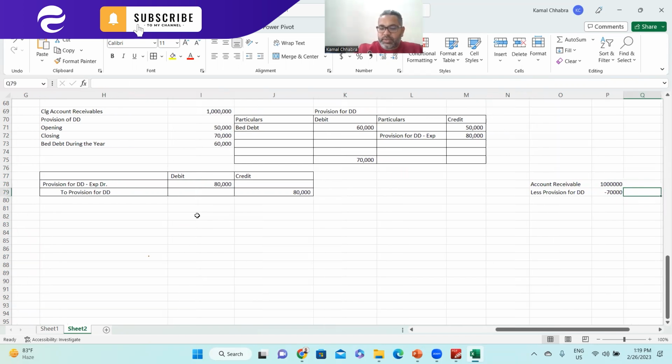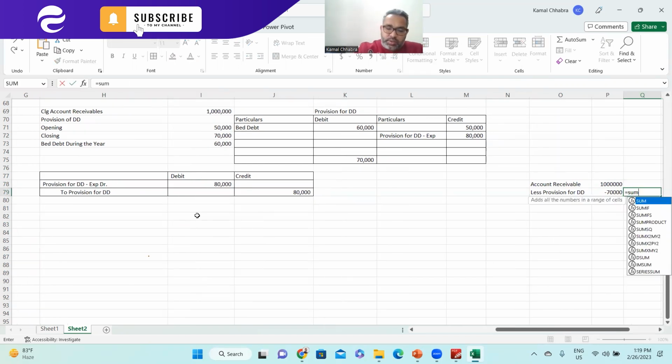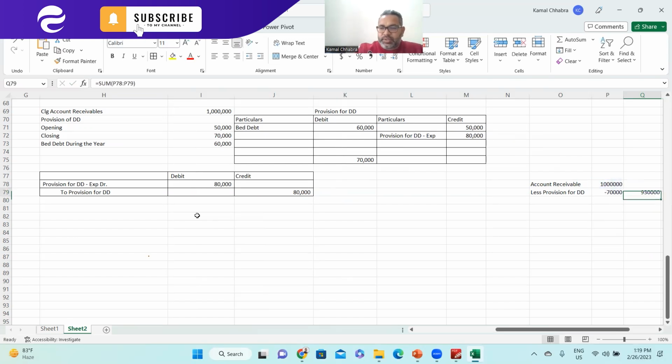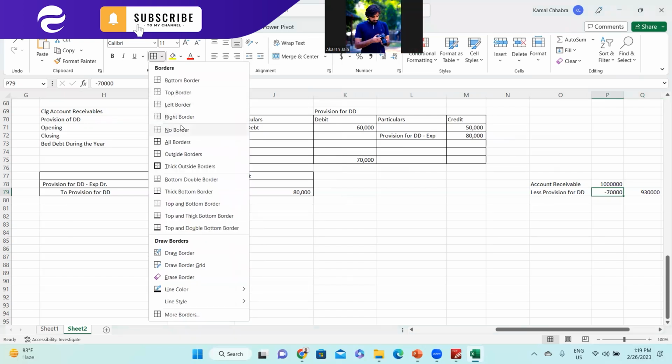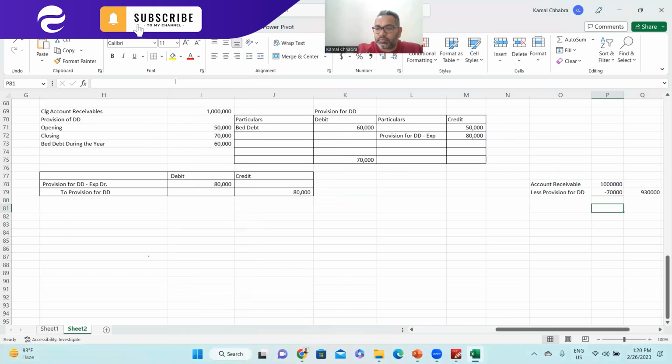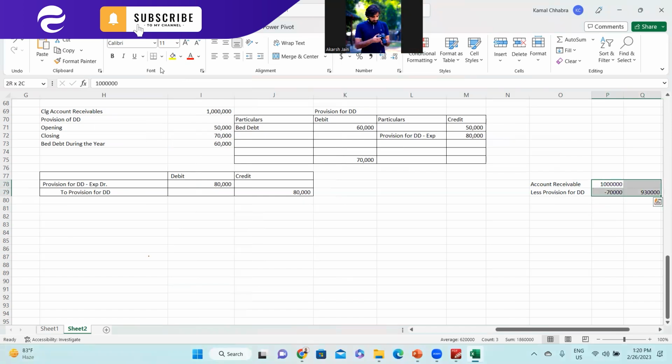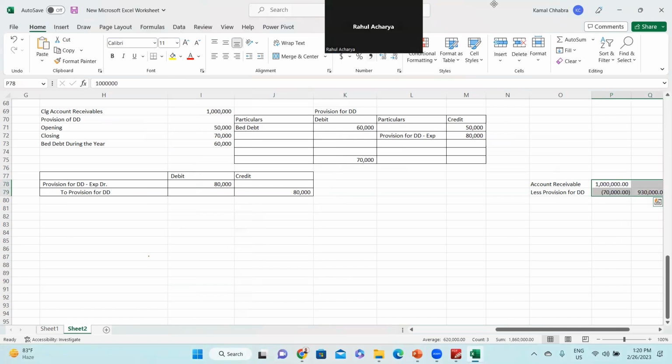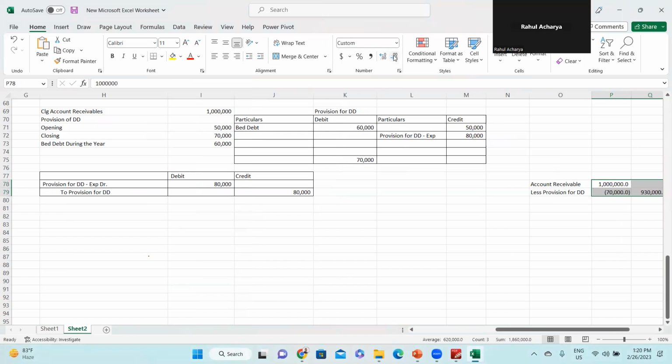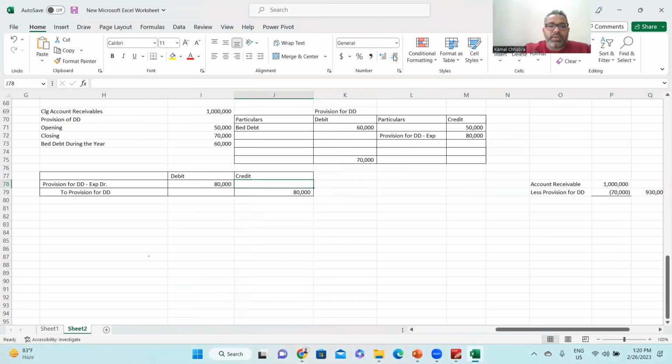So the balance which comes out is the sum of these two. Do you remember showing it this way in your school days? Yes, sir. Something like this. Everyone agree? Rahul, Santrupti? Yes, sir. Right?